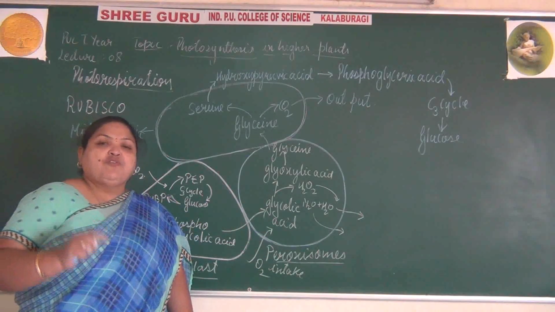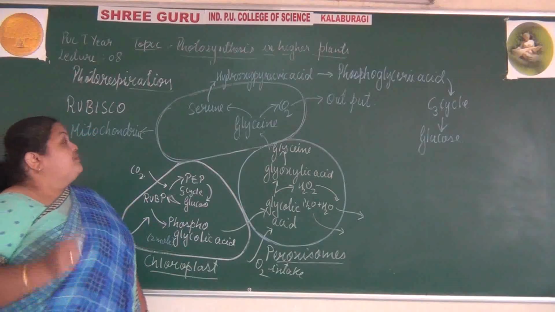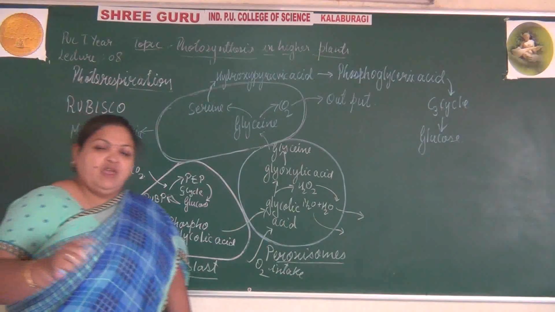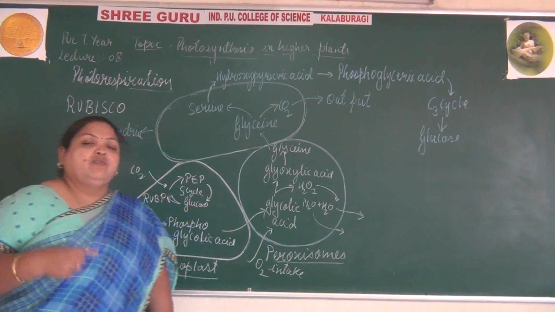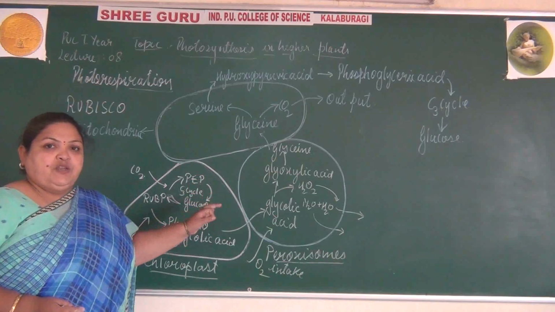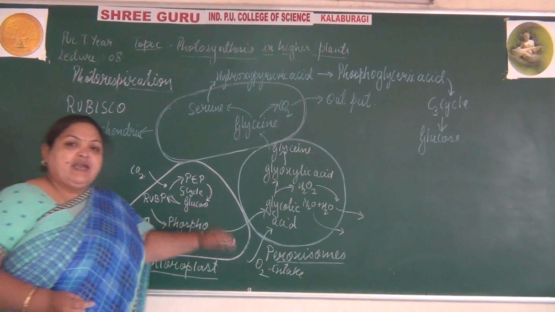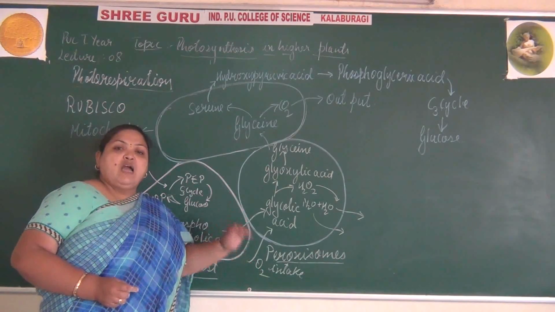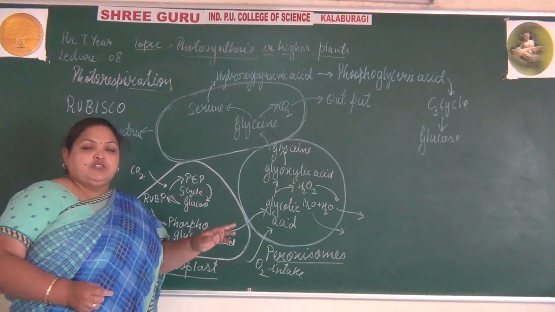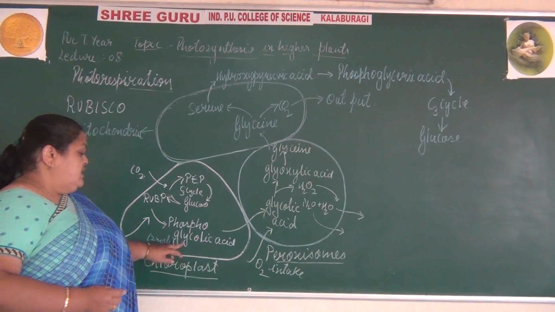So 2 questions from this class are differentiate C3 and C4 pathway, for 5 marks, and a 1 mark question, define photorespiration. And 1 more question is, which are the organelles involved in photorespiration?